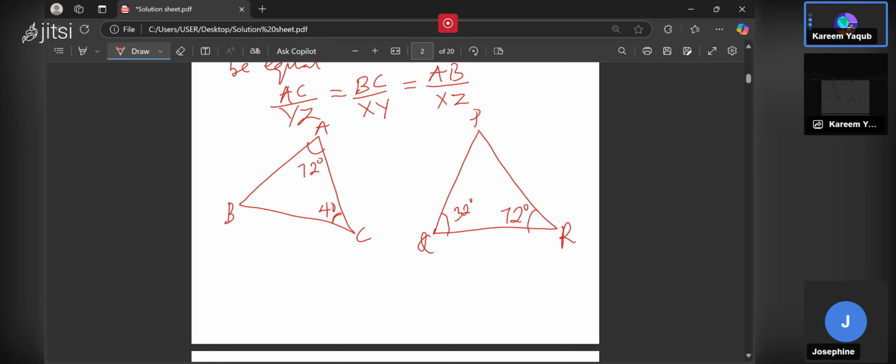So in the exam, you are given this, then we have this one to be 7 centimeters, and this one is 15 centimeters.